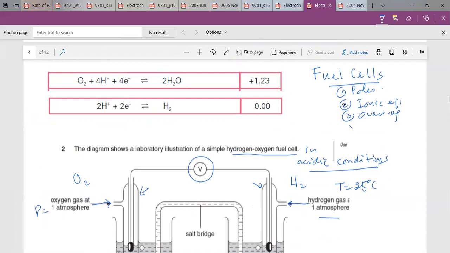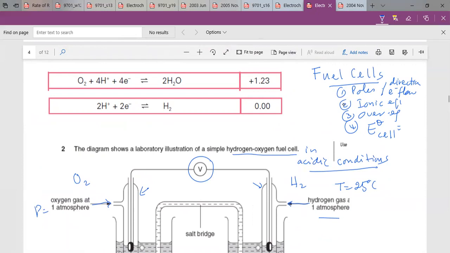Fourth, talk about the poles and the direction of electron flow. And of course, last is the EMF of the cell. Four things here.